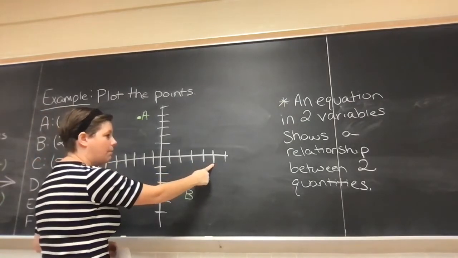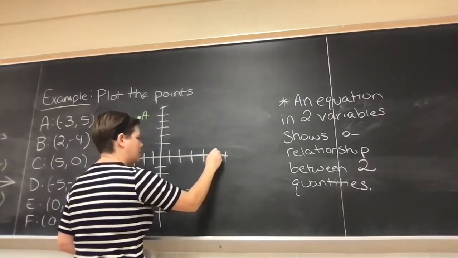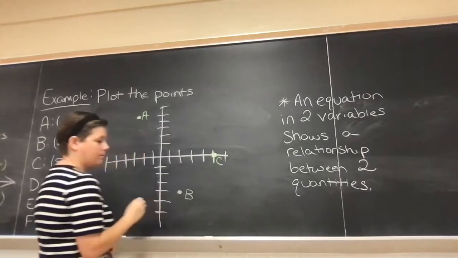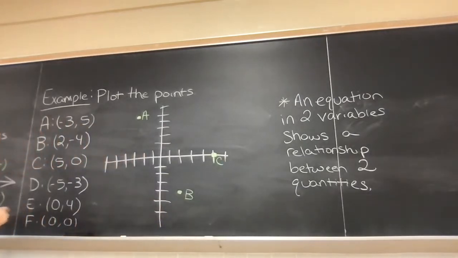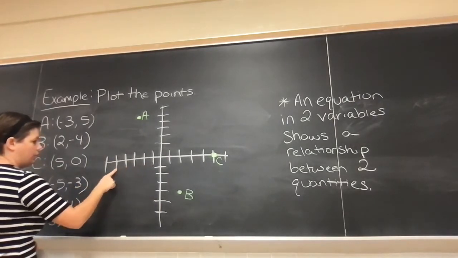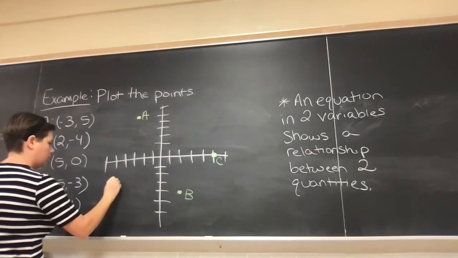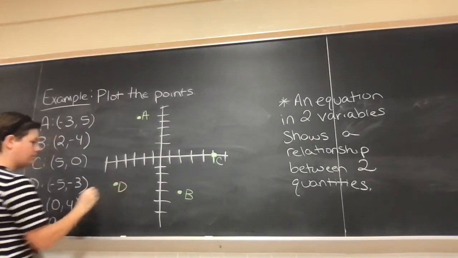So we don't have to go up or down. We're just going to stay right there on the x-axis for our point C. D was (-5, -3). So we go left, -5, 1, 2, 3, 4, 5, and down 3, 1, 2, 3. For point D.